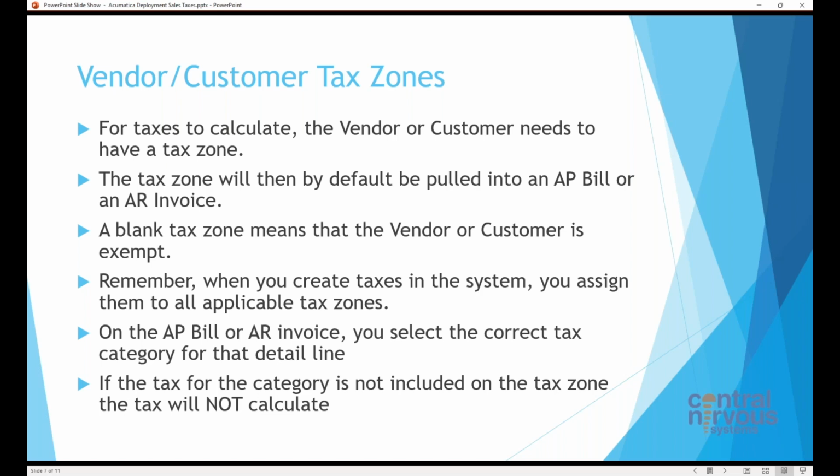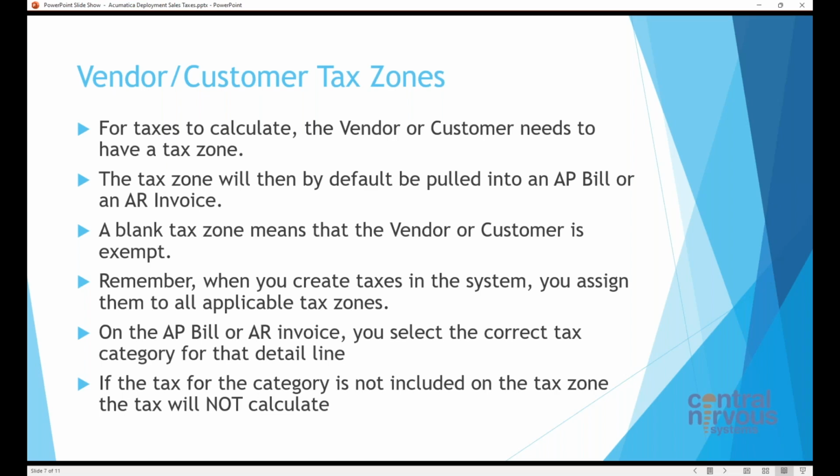The tax zone will then by default be pulled into an AP bill or an AR invoice. A blank zone means that the vendor or the customer is exempt, and so no taxes will be pulled in and no references to taxes will be pulled in.